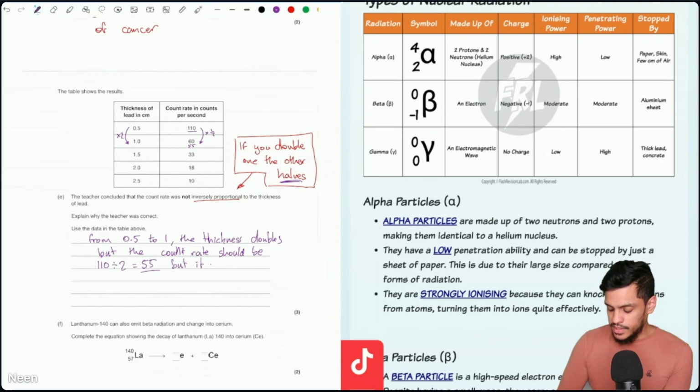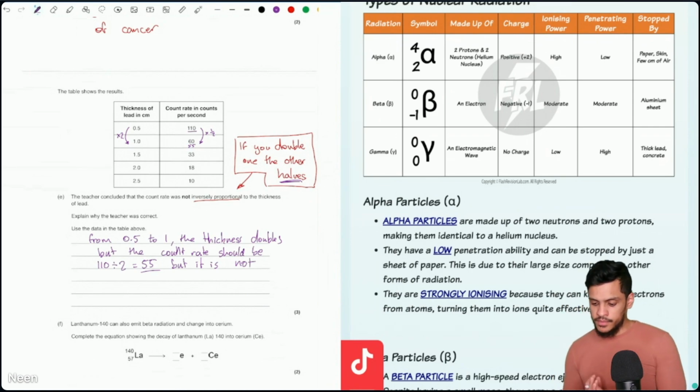But it is not. So you've got to show some calculations here.